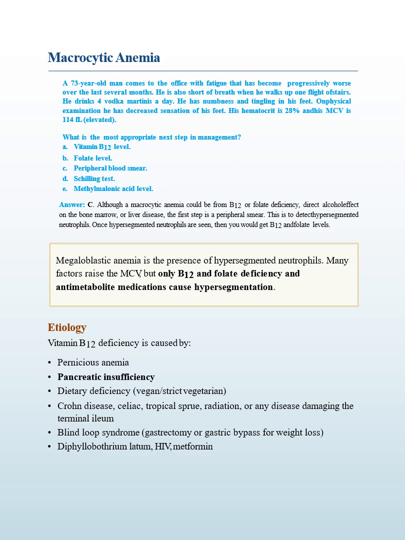The clinical tip is that megaloblastic anemia presents with hypersegmented neutrophils. Many other factors raise the MCV, but only B12 and folate are deficient, and some antimetabolite medications can cause hypersegmentation.